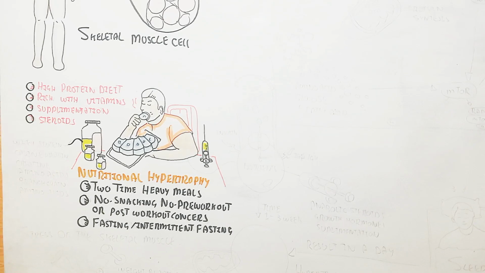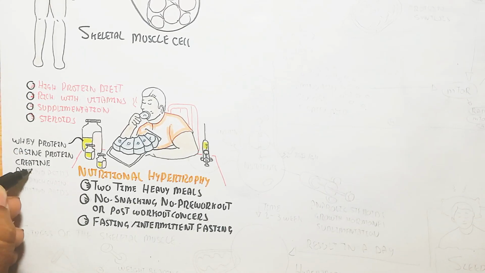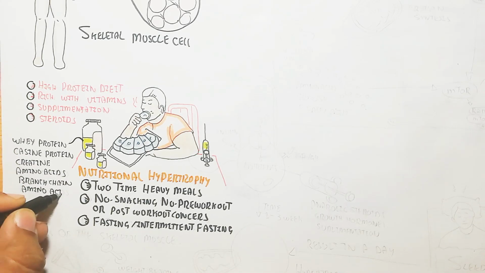These are hypertrophy factors. Whey protein, casein protein, creatine, amino acids, branched chain amino acids, these are all hypertrophic factors.